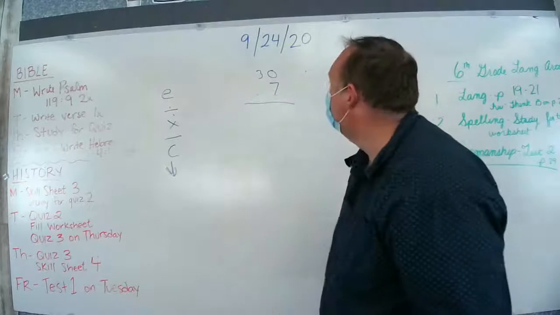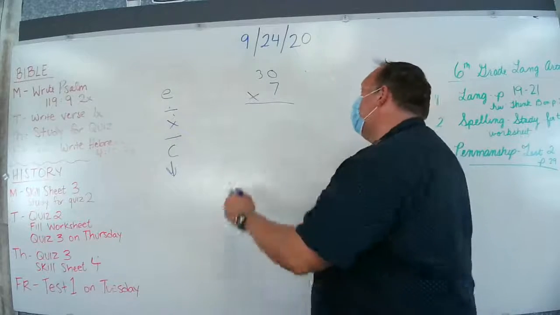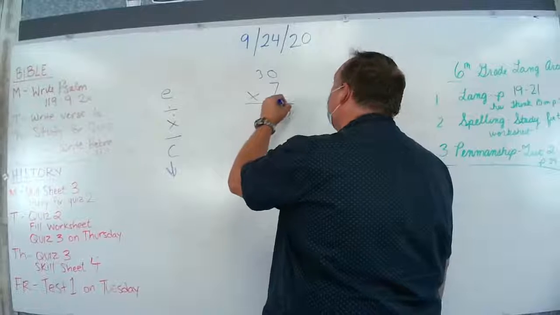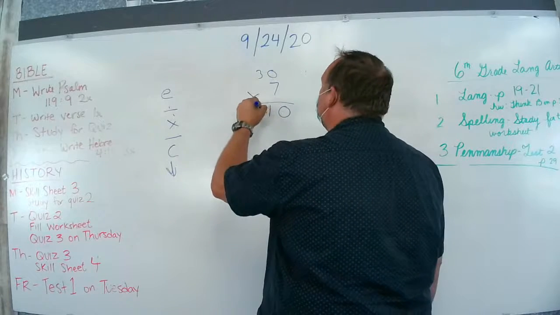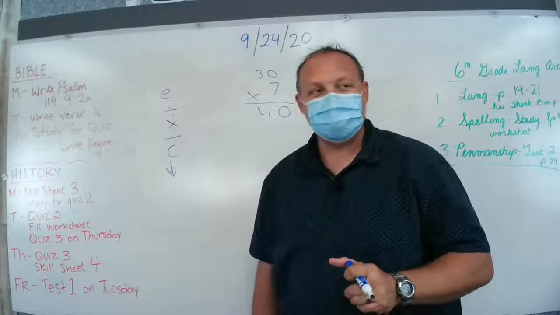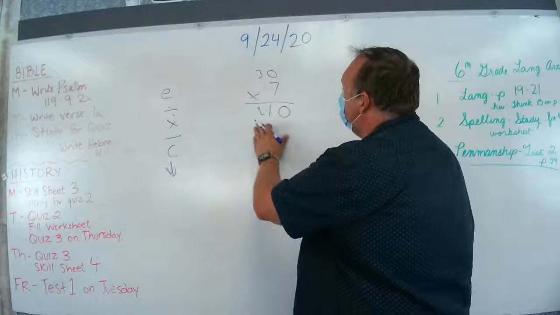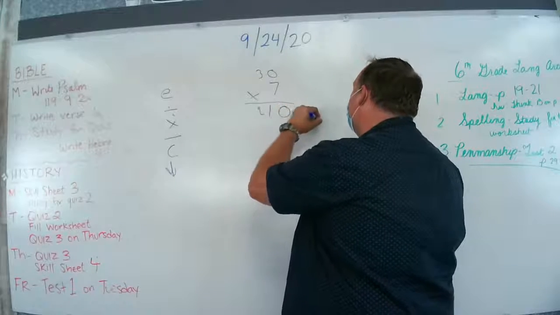Okay. We're going to multiply 30 times 7. 7 times 0 is? 0. 7 times 3 is? 21. Okay, just checking. Okay. So now we get 210 minutes, right?